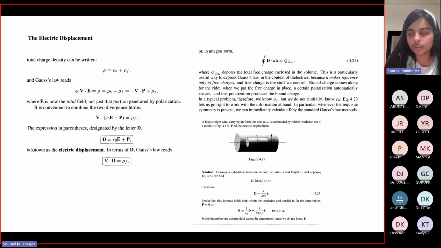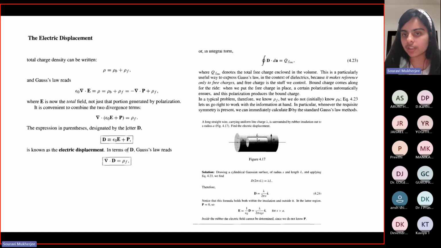Okay, now talking about electric displacement. Why it is interesting is that suppose you have some dielectric, and some charge nearby. In your system, there'll be some charge which you can put on your system.